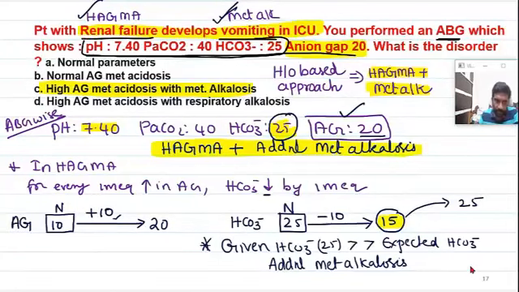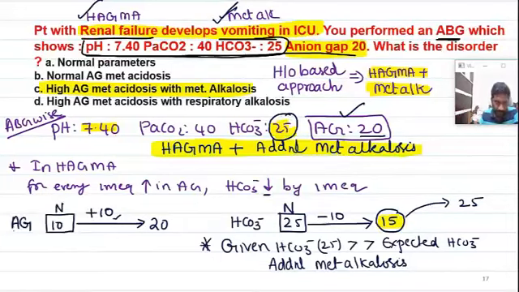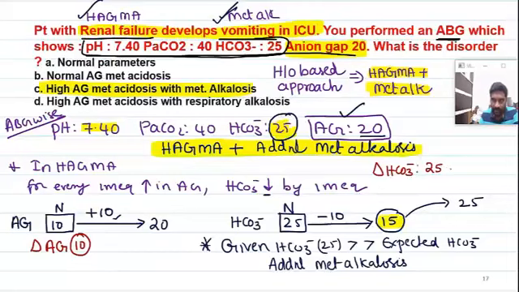Here you can also observe another relationship. In this question, for example, delta anion gap is 10, whereas delta bicarbonate, how do we calculate it? Normal value of bicarbonate minus the given value. How much is it given? 25. So the given bicarbonate value is 25.